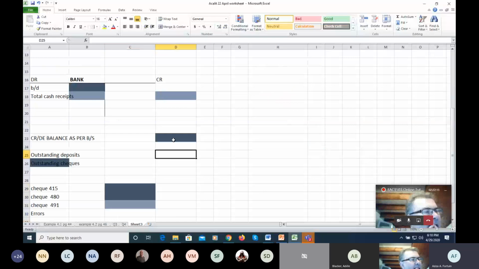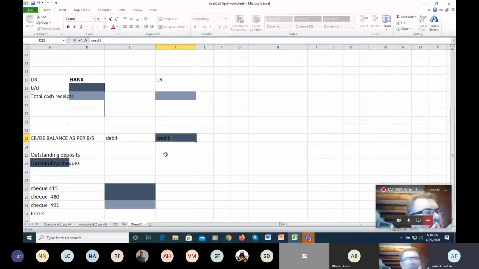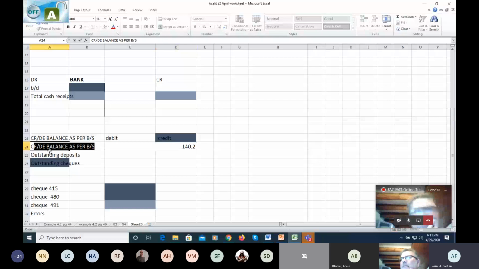We know that it goes under credit, 140 rand 20 cents, credit balance as per bank statement.